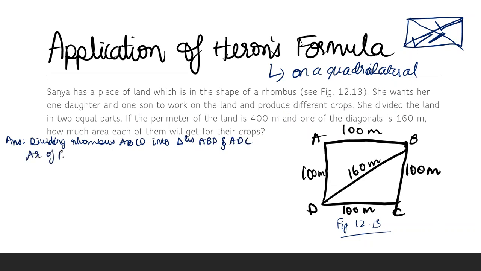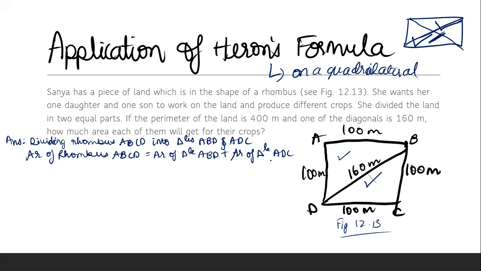Area of rhombus ABCD is equal to area of triangle ABD plus area of triangle ADC. As I told you before, this whole rhombus area can be found out by dividing it into two triangles, finding out the area of each triangle and adding it together, and you will find out the area of the rhombus.